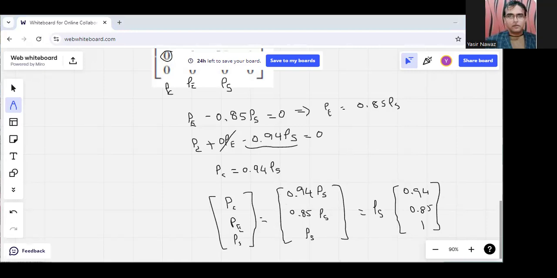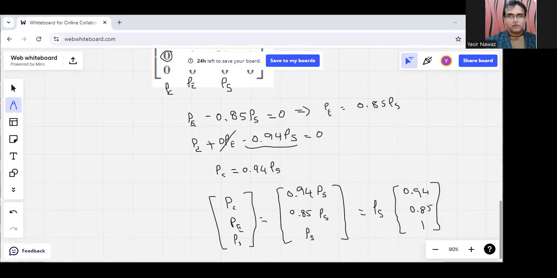Now I can choose any value for PS, and I can get the values of PC and PE as well. So that depends on the value of PS. That was our first example for the applications of linear equations.